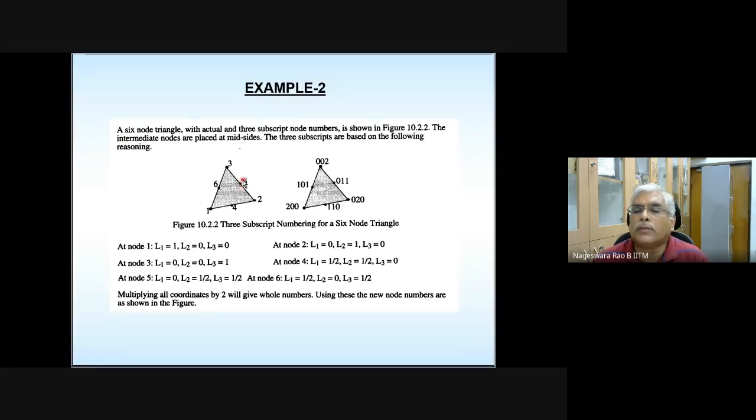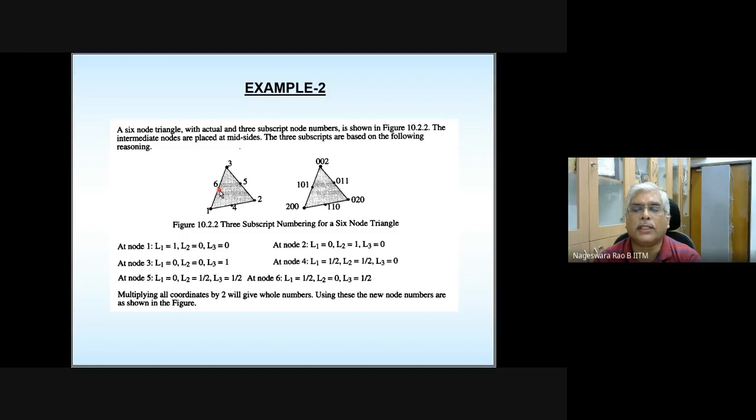So the L1, L2, L3 labeling for node 5 is going to be 0, half, half. Please take a note of it. And the L1, L2, L3 labeling for node 6 is going to be half, 0, half.